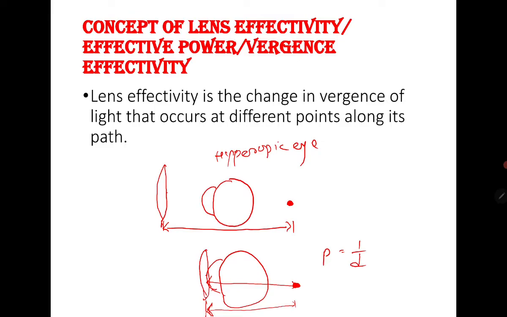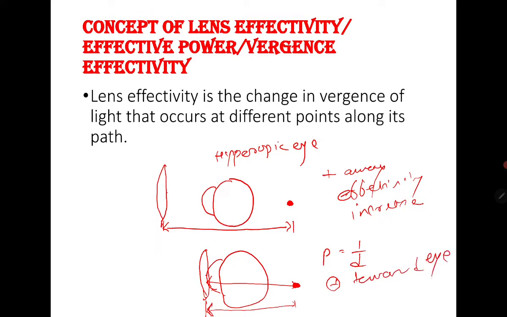So that's why in a plus lens, if we move the plus lens towards the eye, its effectivity decreases, and if we move the plus lens away from the eye, effectivity increases, and plus towards the eye, effectivity decreases.